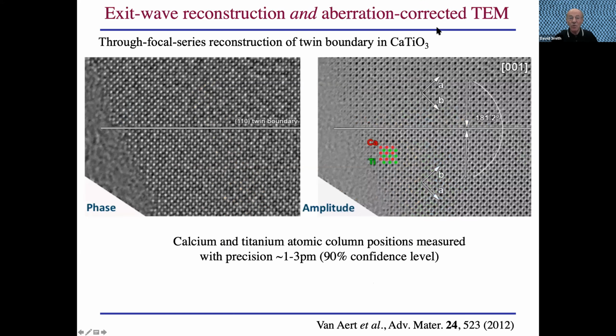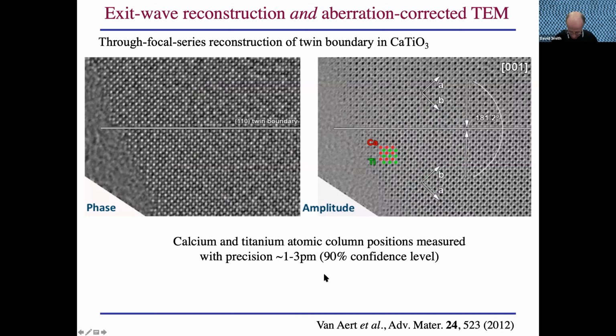And so can we do that in TEM? Well, Sandra Van Aert and colleagues were able to use aberration corrected TEM, and they did an exit wave reconstruction. Here is the phase, here is the amplitude. If you follow through with their manipulations of the data, at the end of the day, they were getting precisions of the atomic column positions across this twin boundary approaching the picometer scale.